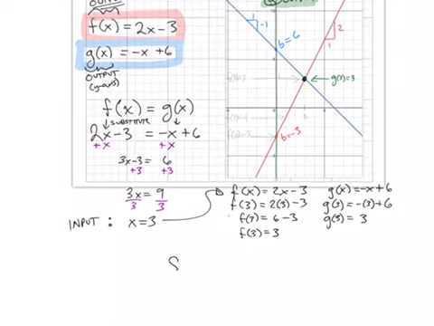And therefore the solution to the system of two equations is input 3, output 3. So x equals 3, y equals 3. And that represents the one point that's on both lines. It represents the one input-output pair that will solve both functions at the same time, or make both function equations true at the same time.